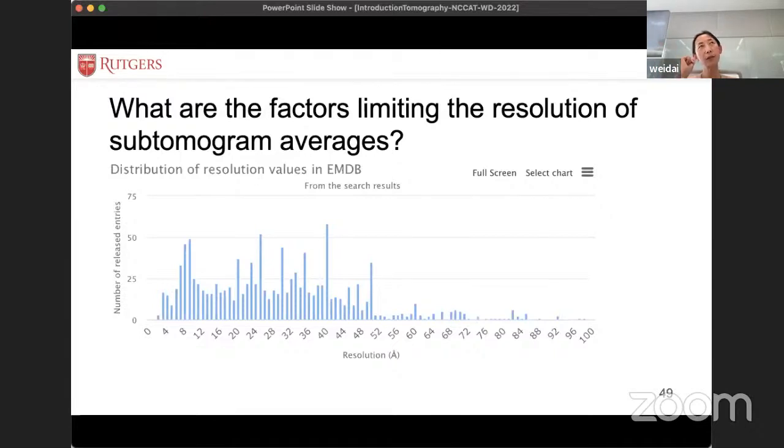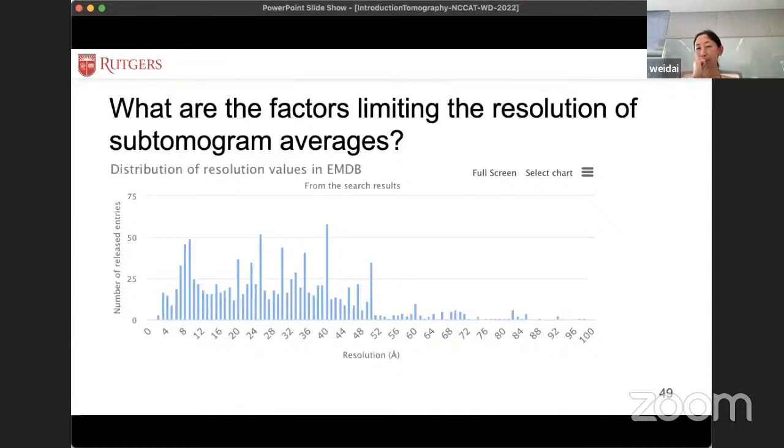So to reach a resolution of 14 to 15 angstrom, I probably used about 3,000 particles. And that's a graduate student working very hard on it already. So the particle number is definitely something we can think of.